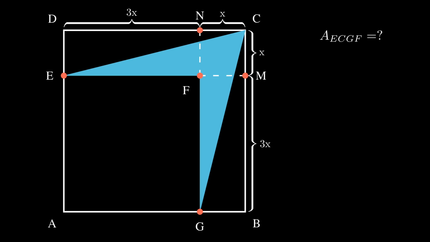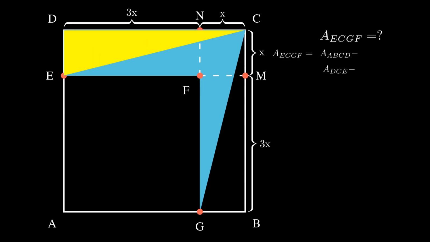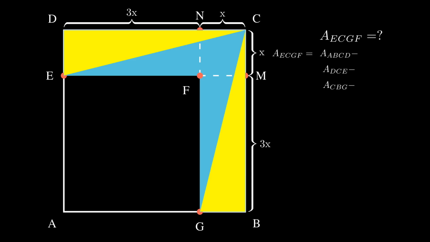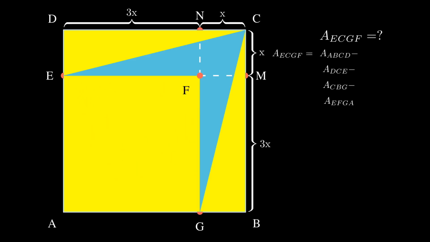Instead, there's a clever shortcut: subtract areas of simpler shapes from the total square. Can you see it now? The trick here is to calculate the blue area in the following way. From the total area ABCD, subtract the area of DCE, the area of CBG, and the area of EFGA.